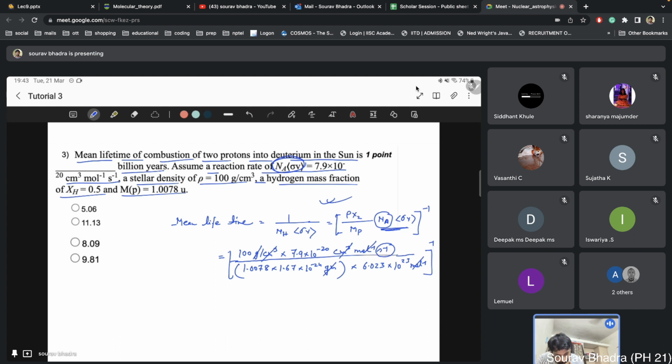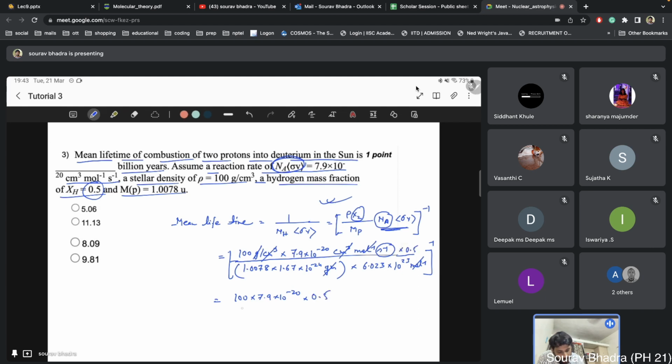So second inverse will make it a second, and we are getting a unit of time which we need. So it is 100 times 7.9 times 10 to the power minus 20 into... one thing I have missed, that XH2. I have not put XH2, which is given as 0.5. I have missed that completely.